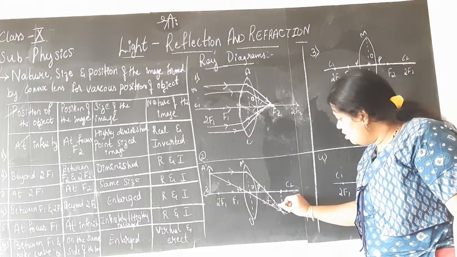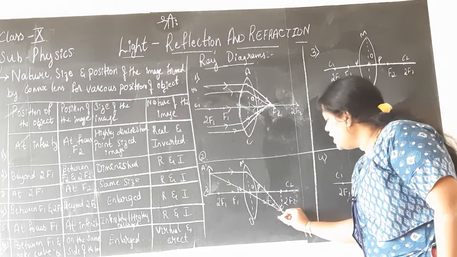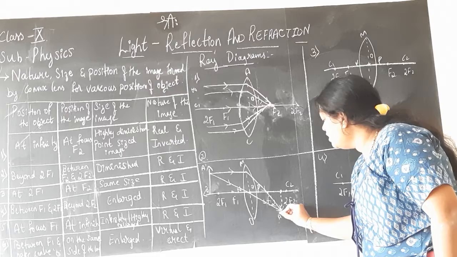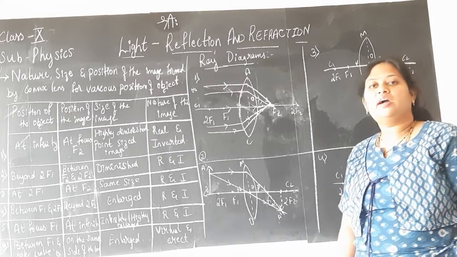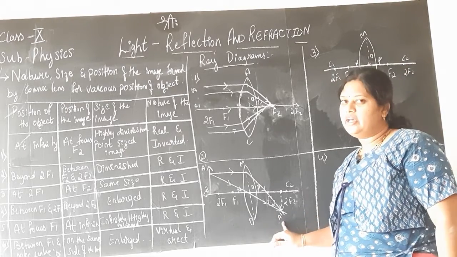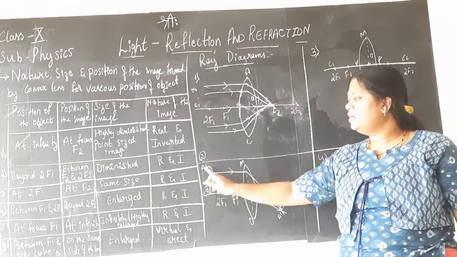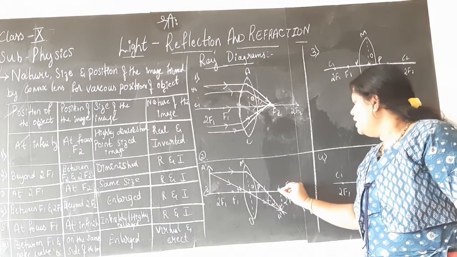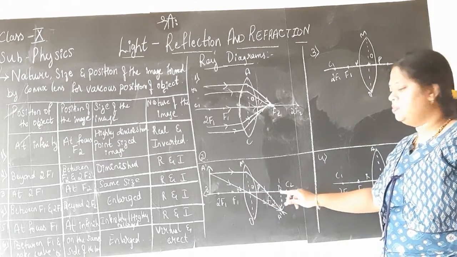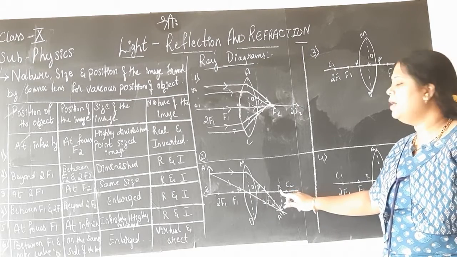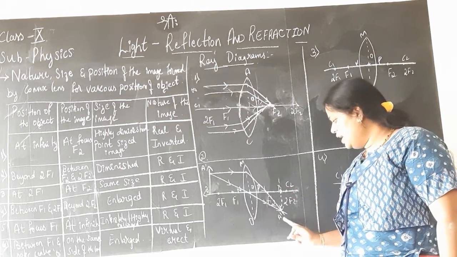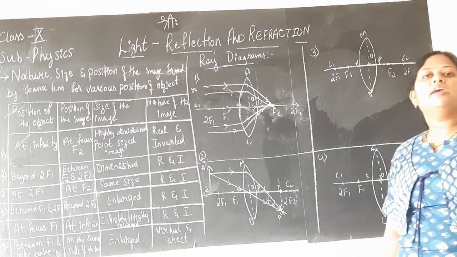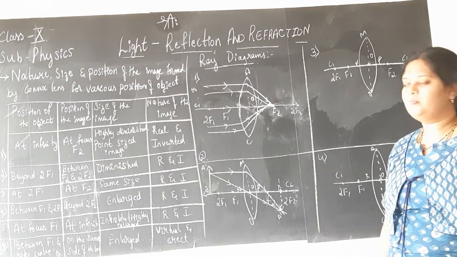So the arrow head should come below. Wherever the arrow head comes, there A dash or B dash should come. Why? If it is with respect to the image, A dash; if it is with respect to the object, only A. Here B dash should come, the point on the principal axis, that is B dash. B dash A dash is the image of the object formed.